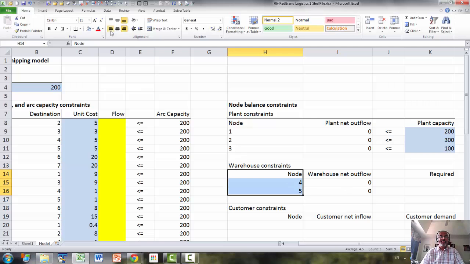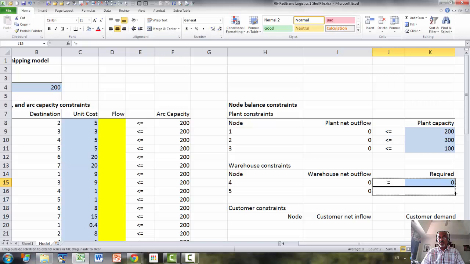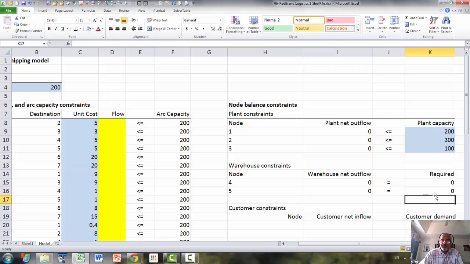Now that should be equal to 0, because what comes in must go out, so the net flow should be 0. In some instances, if it is a continuous stream of material or a processing plant, there may be process losses. If there are process losses, then we have to adjust for those. So that should be 0 there.